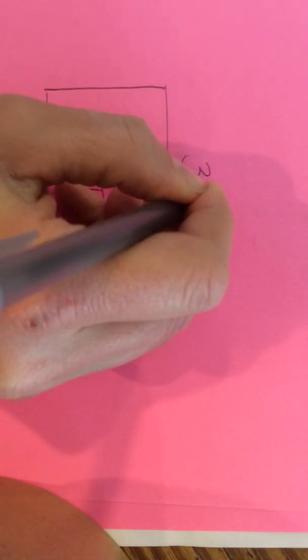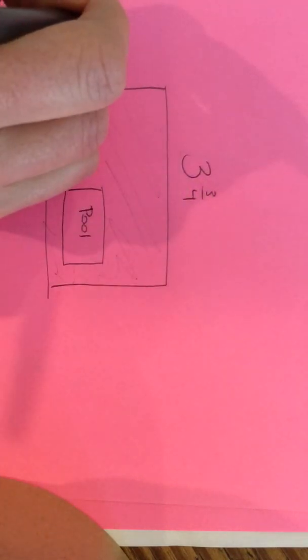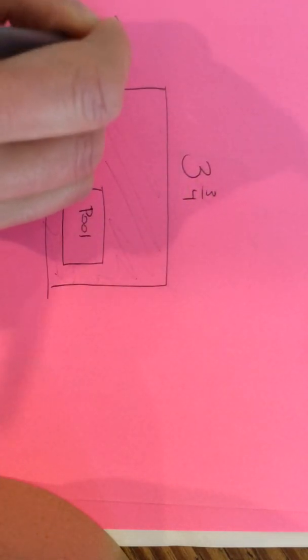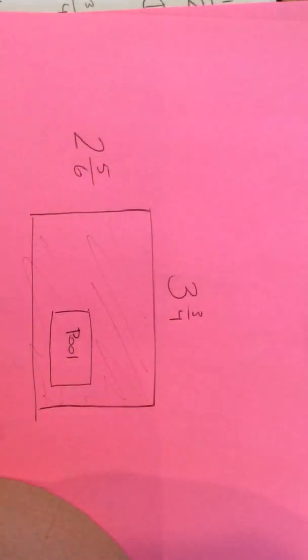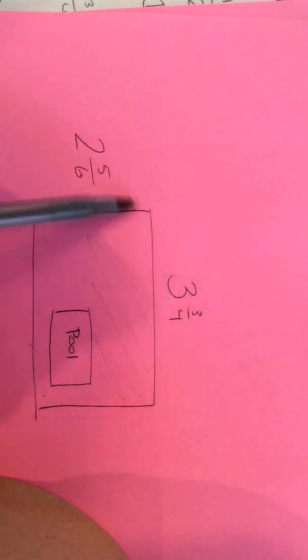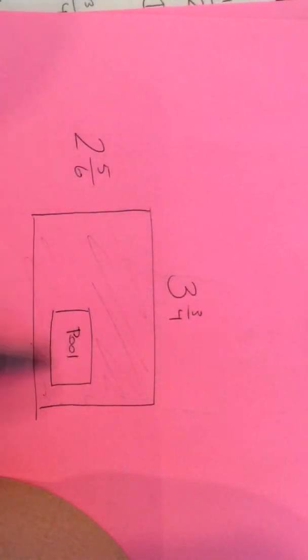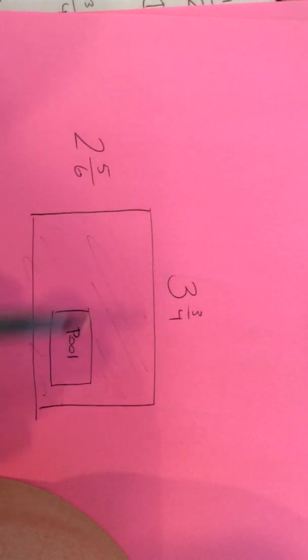So let's say it was like 3 3/4, and this was like 2 5/6. If I just multiplied these two numbers, that would give me the total area for all of this, which is fine. That's what you want to start with, but then you have to subtract away the area of the pool.